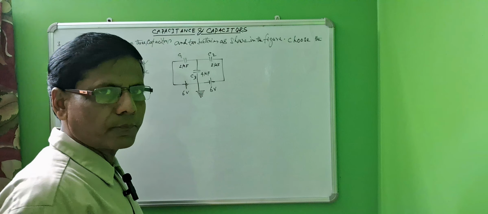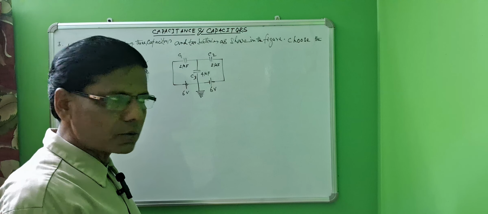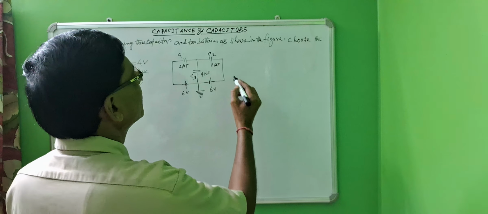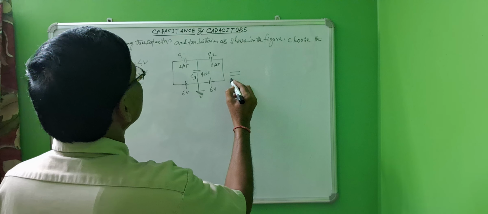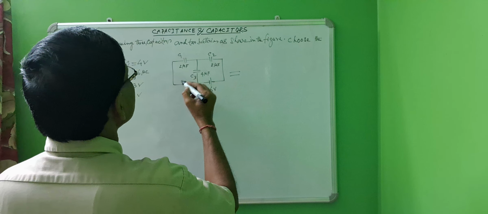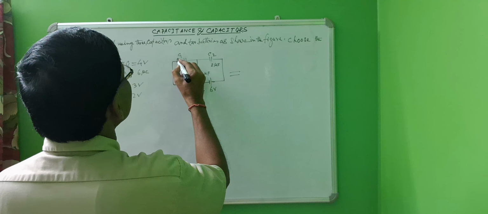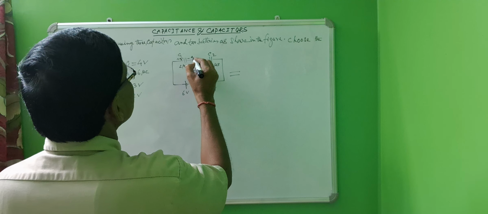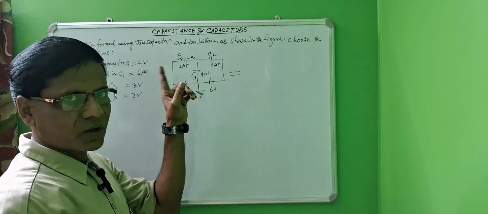To solve this problem, suppose this is plus Q charge present here, this is minus Q because this is a capacitor.